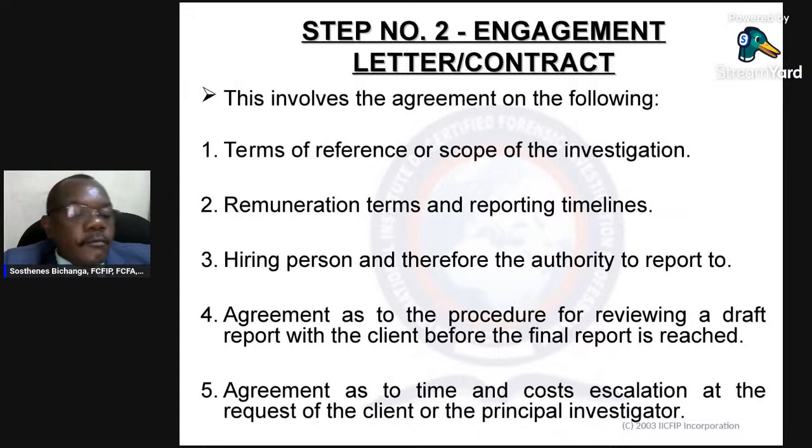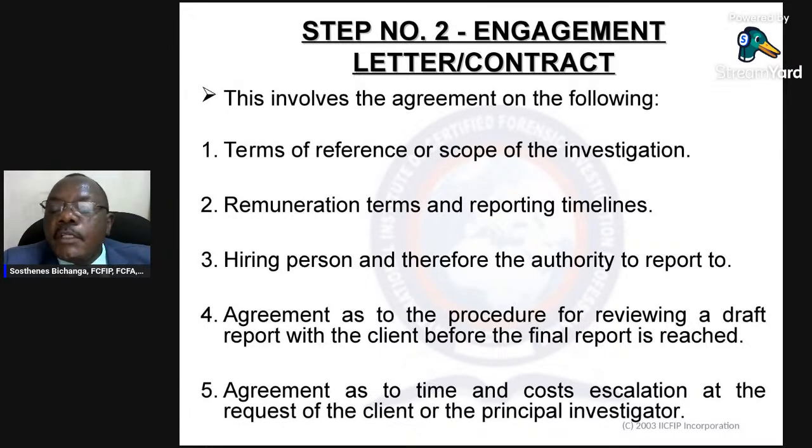This can be controversial because clients do not like investigators who, in the middle of the investigation process, come back and say, oh, we did undercharge, we need more time, we need more payment. Clients do not like this kind of thing.